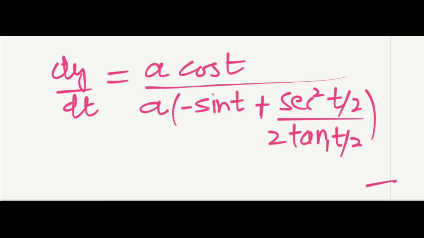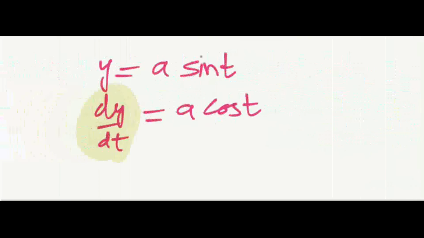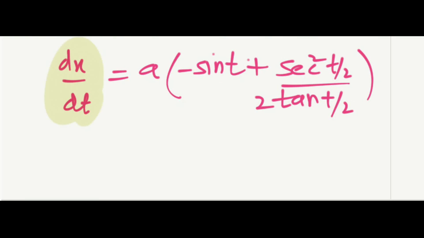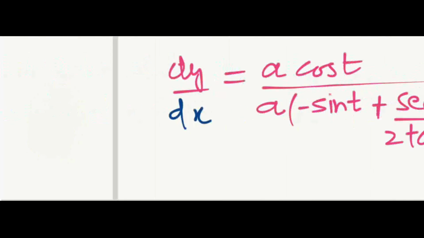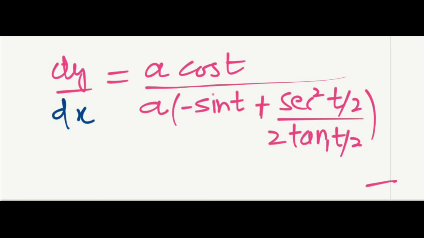Friends, it should be dy upon dx here, because we have divided the derivative of y with respect to t by the derivative of x with respect to t. So it should be dy upon dx.